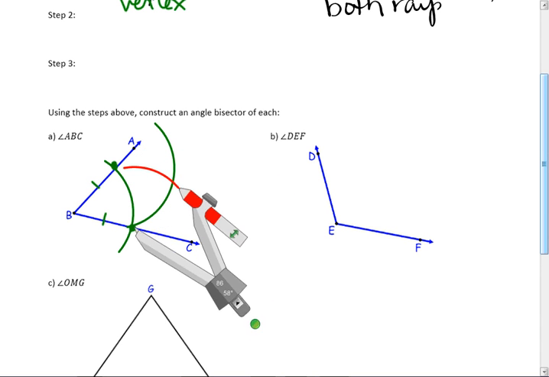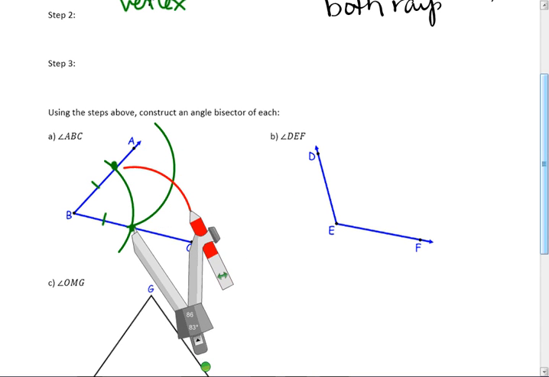And I see where those intersect. What's true about the distance from here to here and the distance from here to here? They are equal. So if I were to draw from B to this intersecting point, which I'm going to do, I'm going to draw a segment.